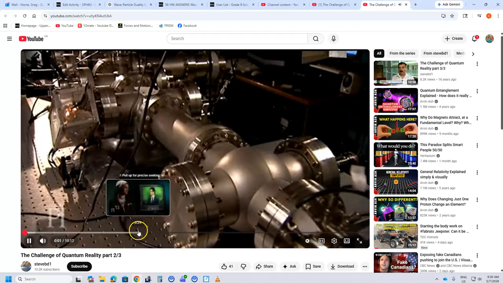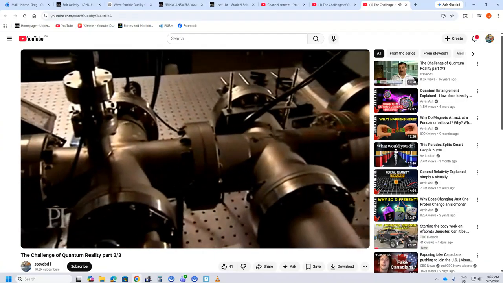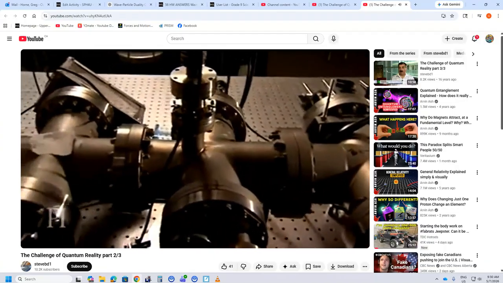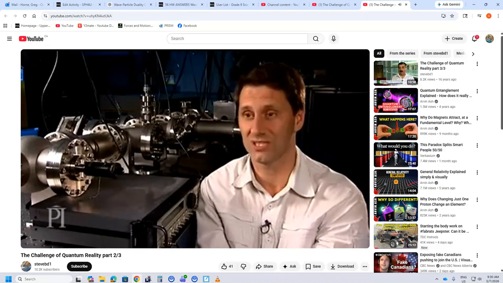The experiment takes place inside this metal tube with a super hot filament firing electrons at the slits. After passing through the double slit, electrons strike a detector screen, which produces these green dots. At first glance, you would expect that for classical particles, you would just get the addition of the two distributions.